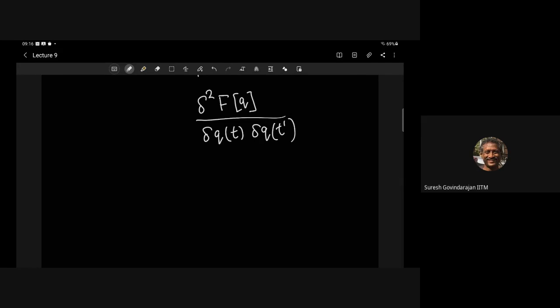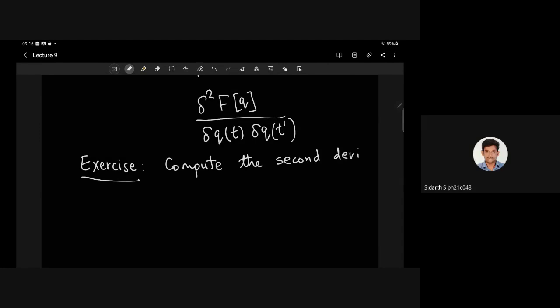So exercise would be to compute the second derivative. So for... Yeah, go ahead.